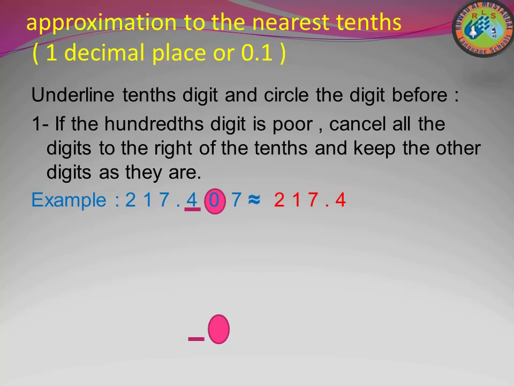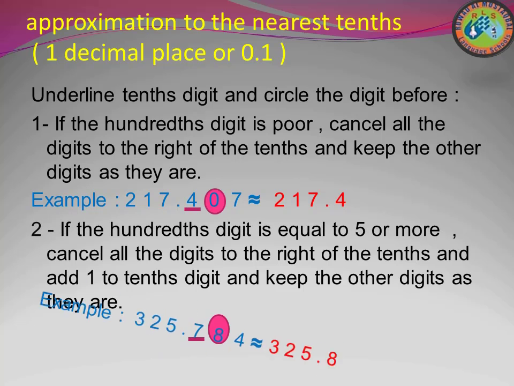For example, 217 and 407,000ths. I want to approximate this number to the nearest 1 decimal place, so underline tenths and circle the digit before. The digit before is 0, so I will cancel the digits and write the number as it is, no changes in the tenths number.